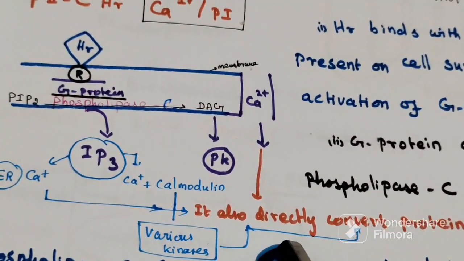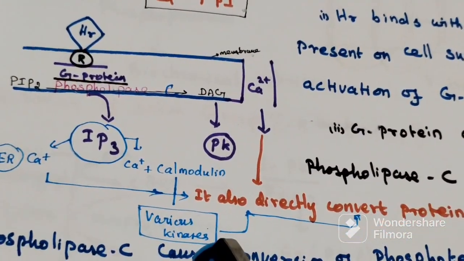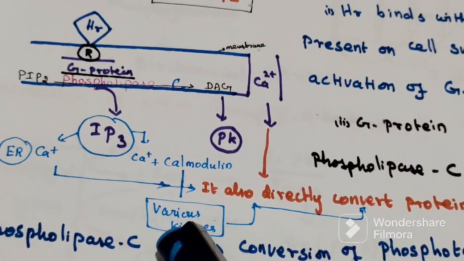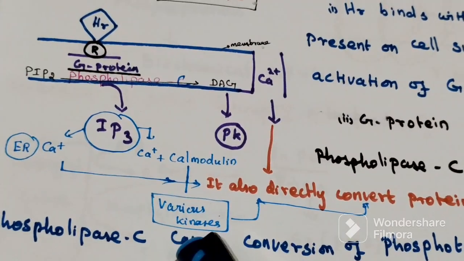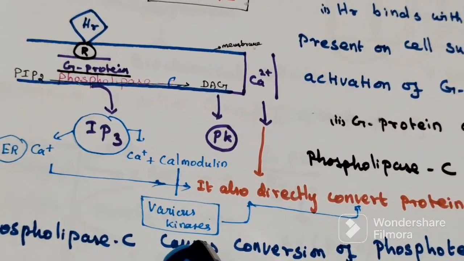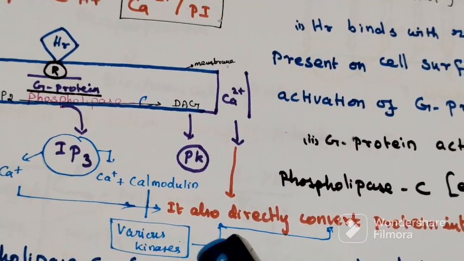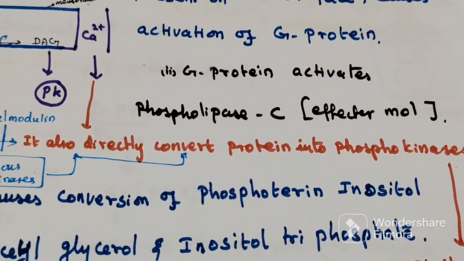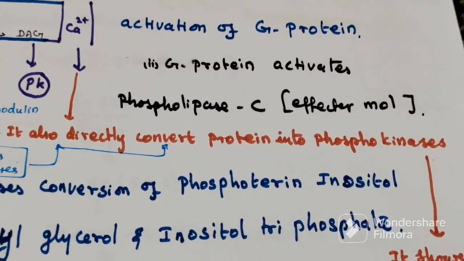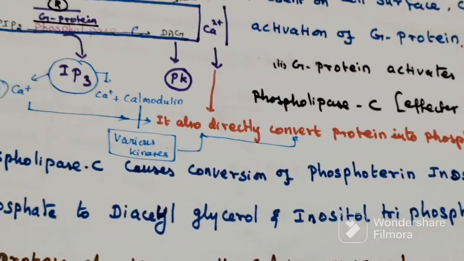This complex activates various specific kinases. These are used for conversion of protein into phosphoprotein, and it shows its effect.